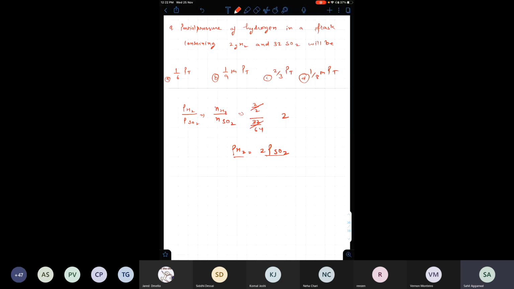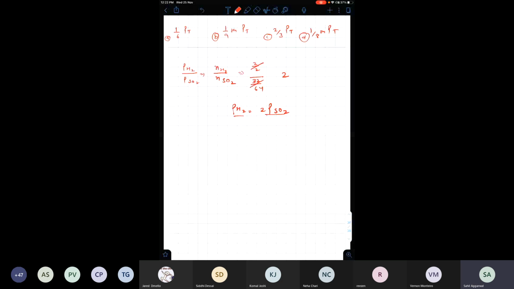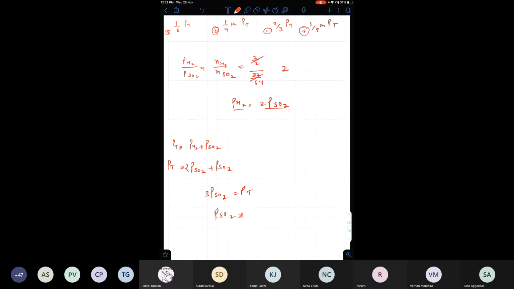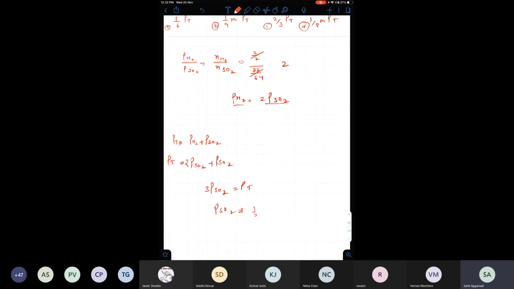Okay. Now total pressure will be P of H2 plus P of SO2. P of H2 is what? 2 P of SO2 plus P of SO2. So 3P of SO2 is equal to PT. P of SO2 is equal to 1/3 of PT.